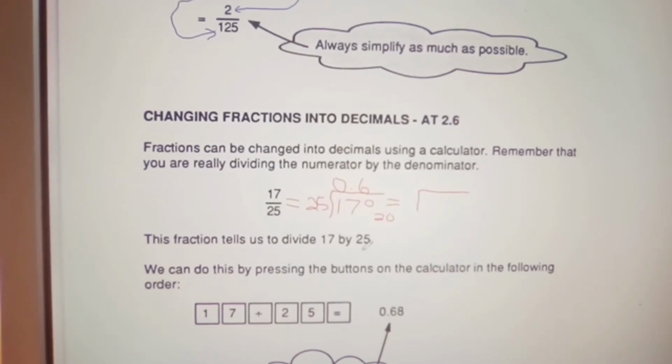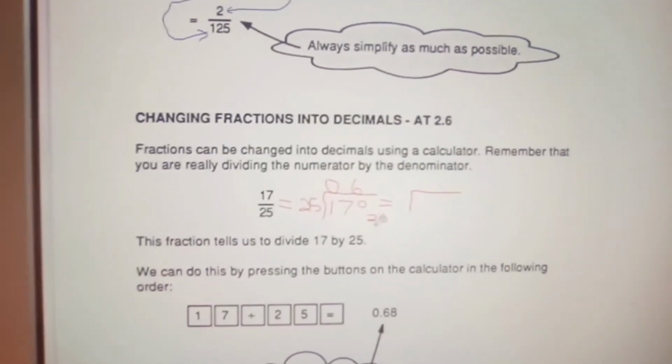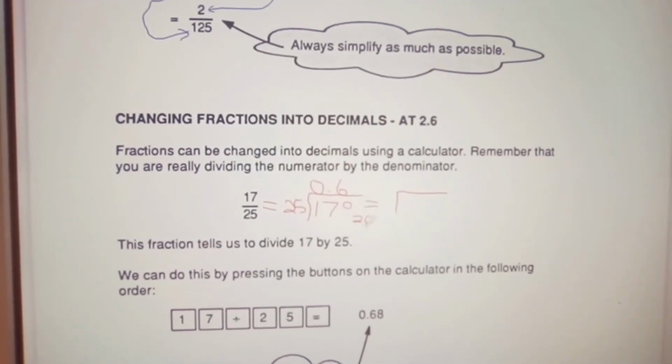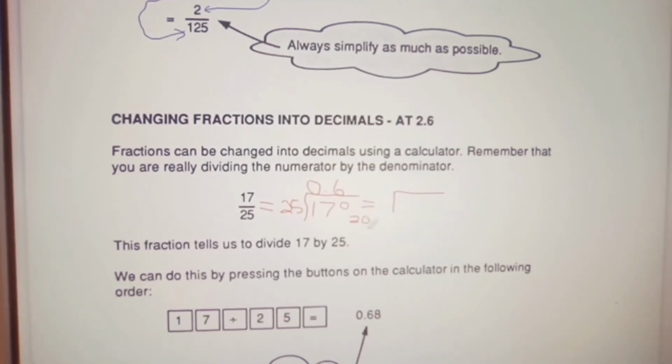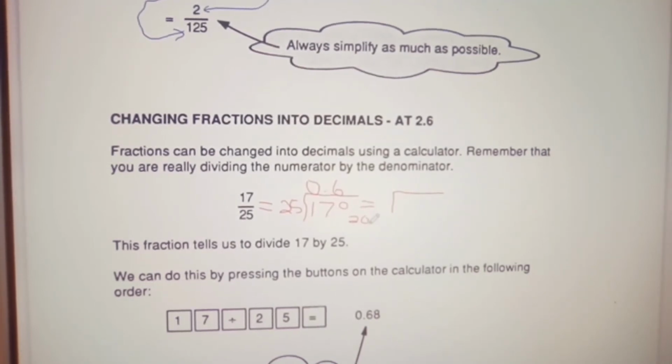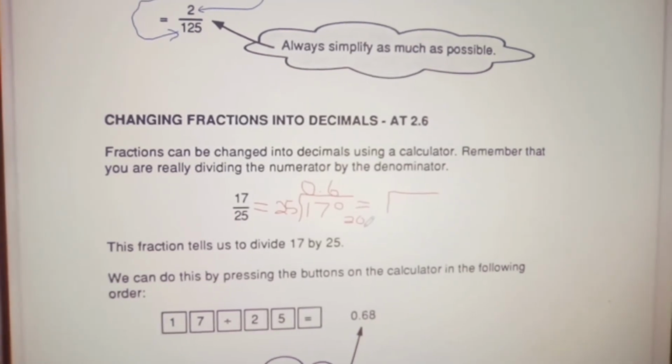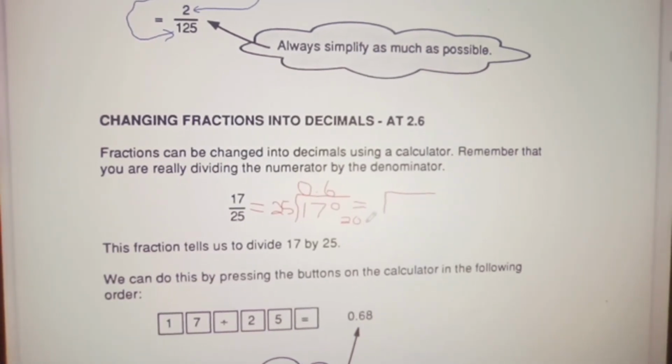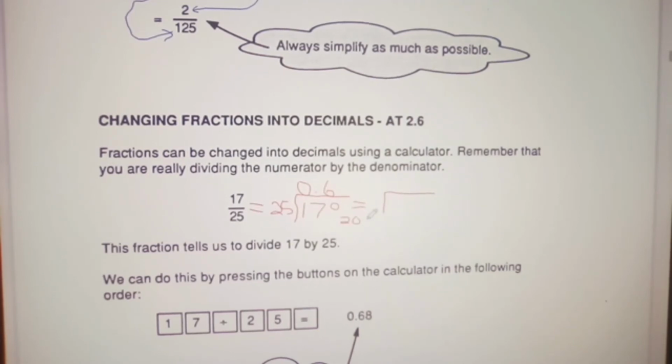Always take the remainder into account because it matters. 25 into 20 cannot go, so I need to add a naught. So here I added 0, okay?